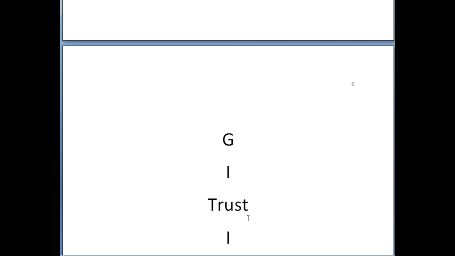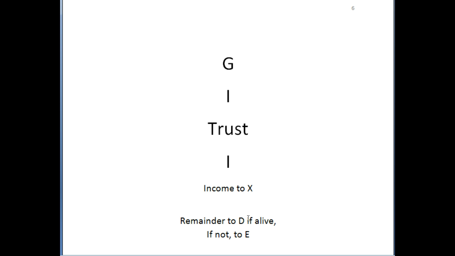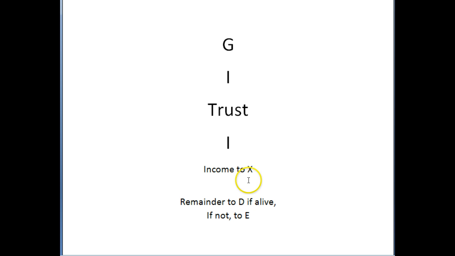Change it up again. Now, in this example, you have the grantor sets up the trust, income goes to X, remainder to D if alive, and if not, if he doesn't survive, then it goes to E. So basically, if D predeceases X, he gets the remainder basically, okay?